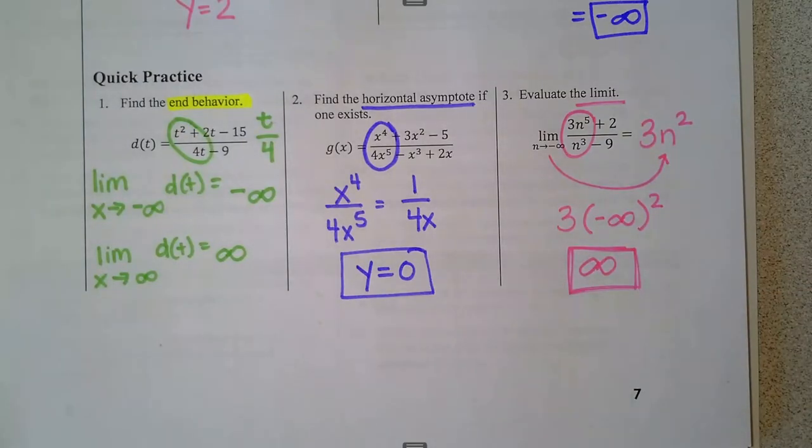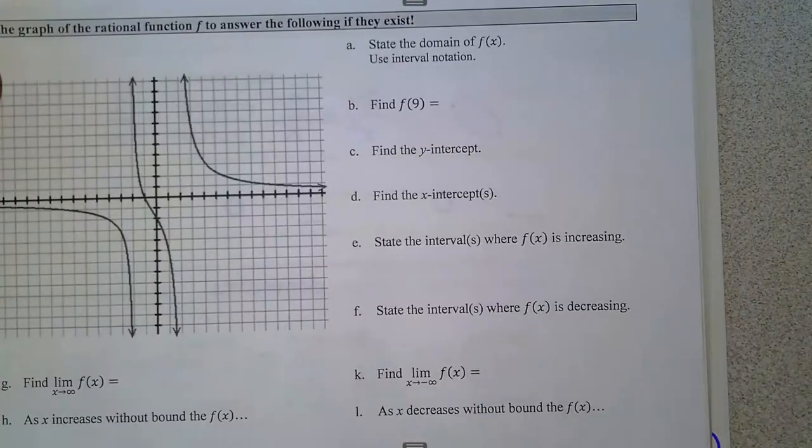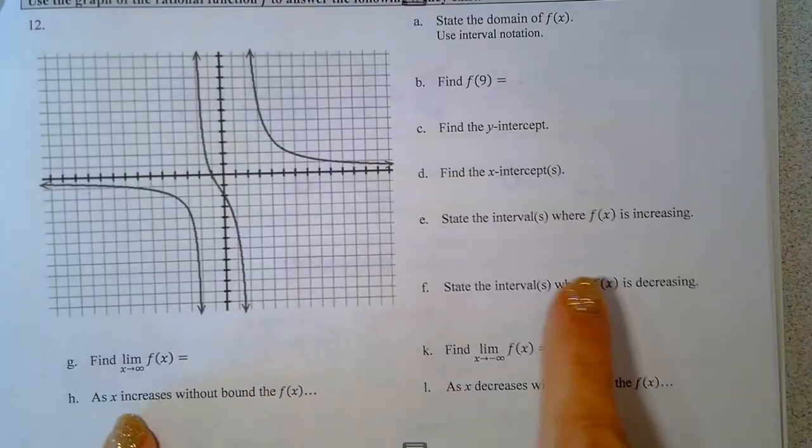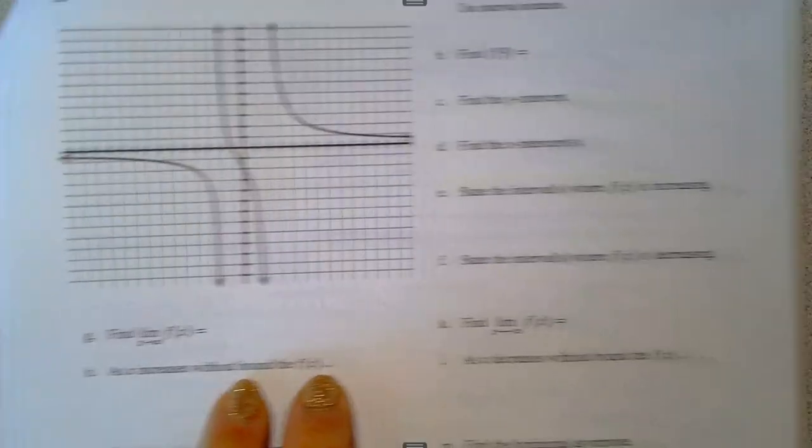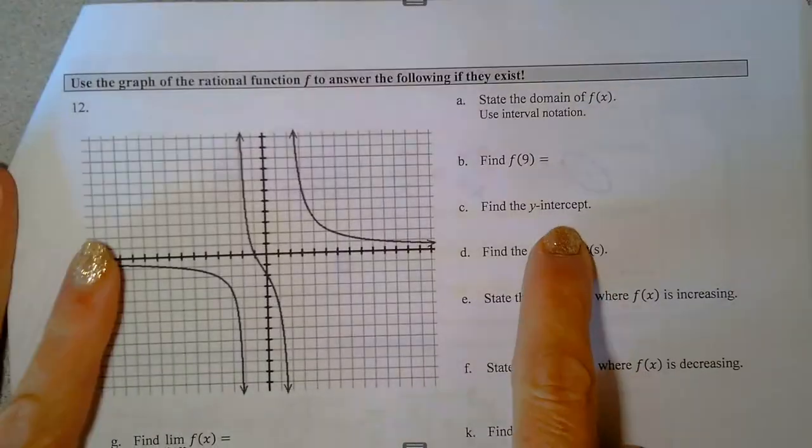So we didn't use our calculator, so try not to use your calculator. One thing real quick I want to talk about, okay? If you turn back to page 5, this whole problem: as x increases without bound, when is the function increasing, and find the y-intercept.